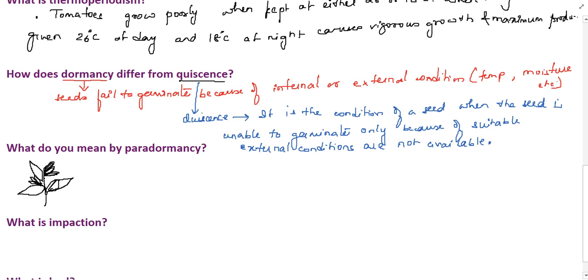Okay, so paradormancy is another form of dormancy controlled by plant parts other than the one being considered. So here which one are we considering? We are considering the bud.